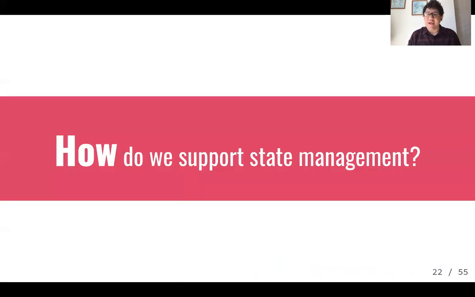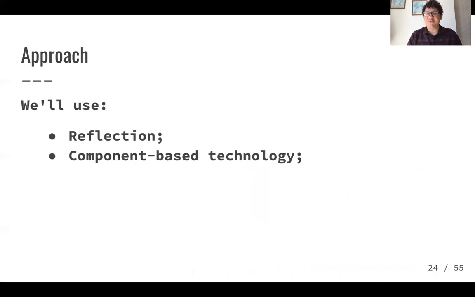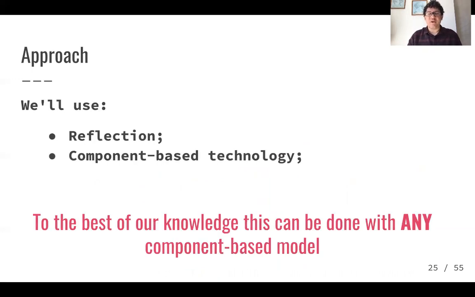So how do we do that? How do we support state management in that way? Well, we propose a meta model that would transparently support state management for self-adaptive distributed systems. We're going to use reflection, and we're going to use component-based technology. For the component-based technology, to the best of our knowledge, you can use any of the technologies out there, and there are plenty.